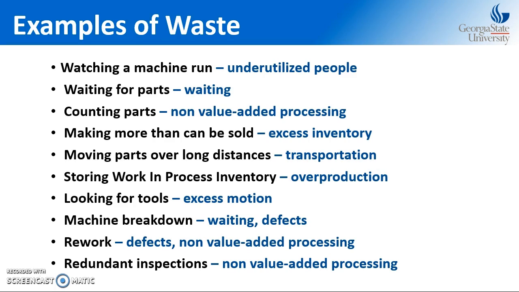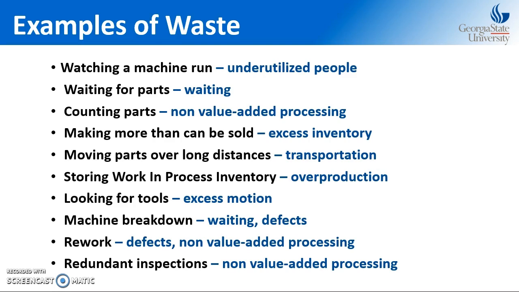Moving parts over long distances, as we've previously discussed, that is a transportation waste. Storing work in process, this is classic overproduction. You have produced too many components and you have too many half-finished or partially finished products that you're not going to be able to sell because there's not demand.